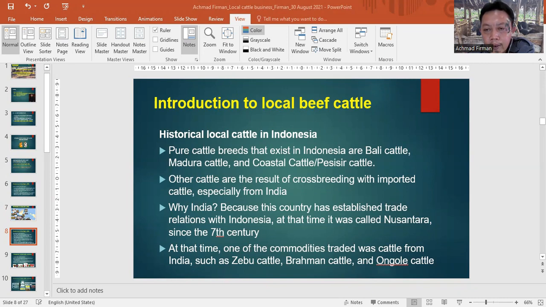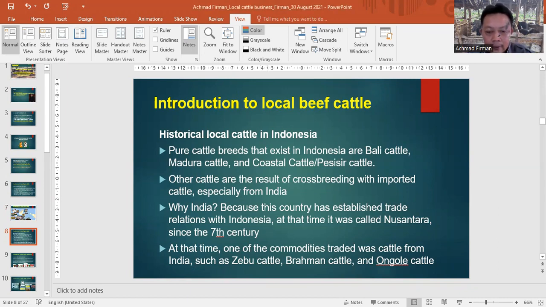One of the traded commodities is cattle. The originating cattle from India, such as Ongole cattle, Zebu cattle, Brahman cattle. The cattle trade led to crossbreeding between local cattle and immigrant cattle.